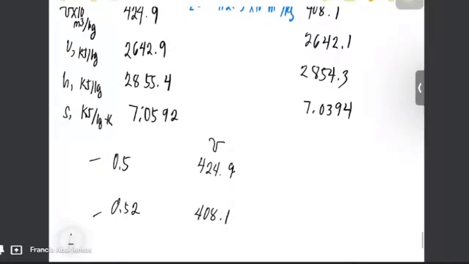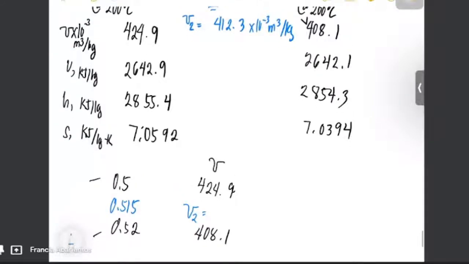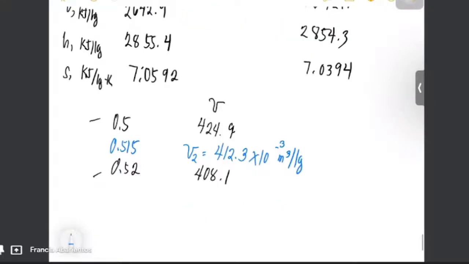Okay. So, ang hahanapin natin dito is si 0.515 kasi wala siya sa table. Hahanapin natin si specific volume at 0.2 wherein na-compute na ng classmates natin times 10 to the negative 3 cubic meter per kilogram. So, parehas lang, class, mag-interpolate ka dyan.